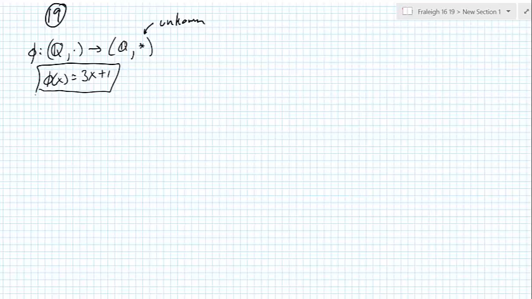And you're told to assume that it's 1-to-1 and onto. It actually wouldn't be hard to show that it's 1-to-1 and onto. So we want to define star so that phi is an isomorphism.